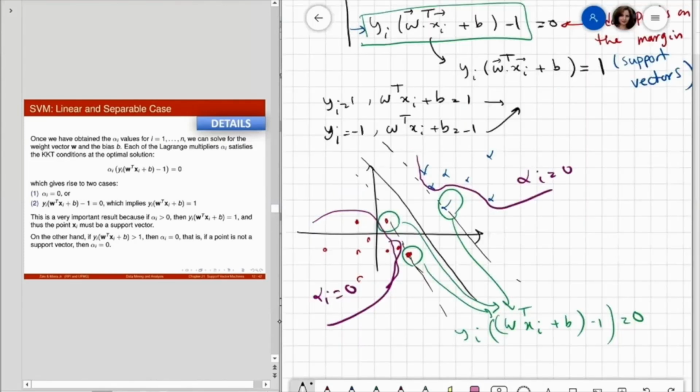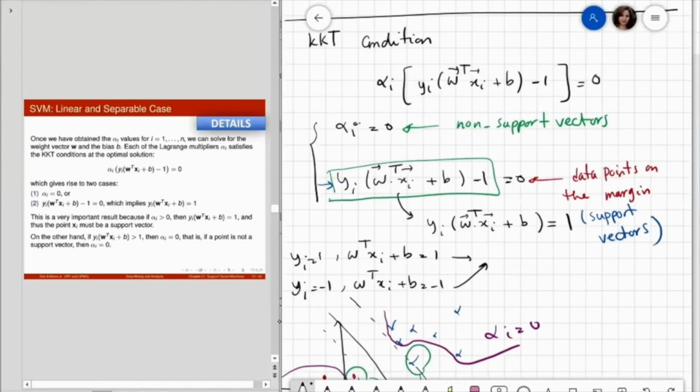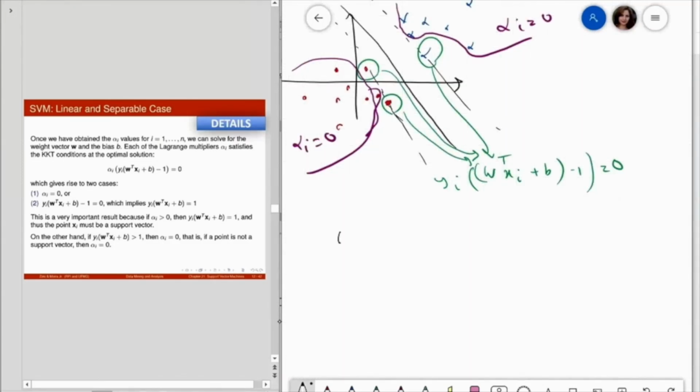Okay, that is interesting. But what else does it mean? Remember that when we were calculating W, we said W is equal to the sum of alpha i yi xi, or half of it, from 1 to n.